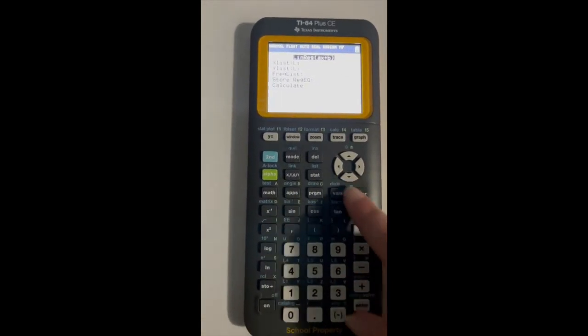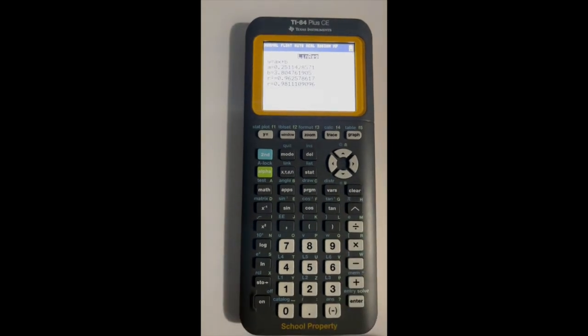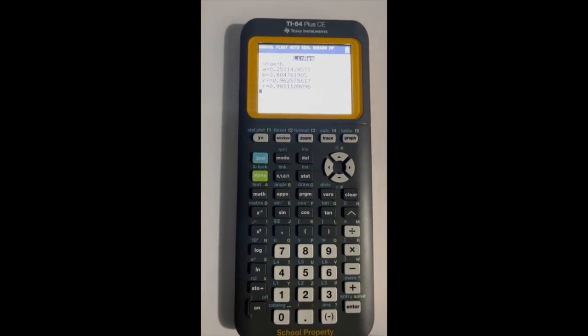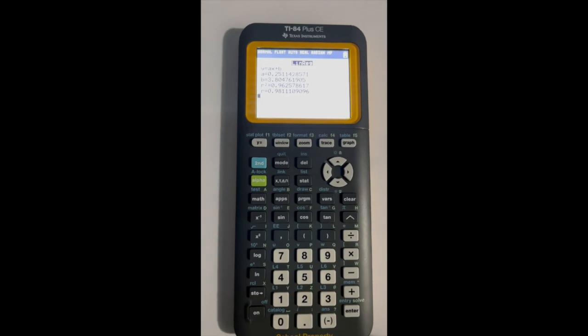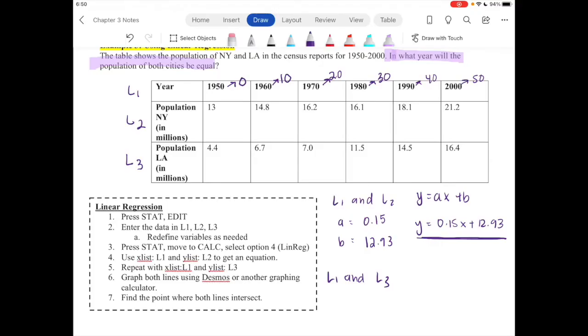Go down to Calculate, and here's the data that we need to write the second equation of the line. Using list 1 and 3 produces this result. A is equal to 0.25, and B is equal to 3.8. We'll plug this into our formula, and y is going to equal 0.25x plus 3.8. There is our second equation.